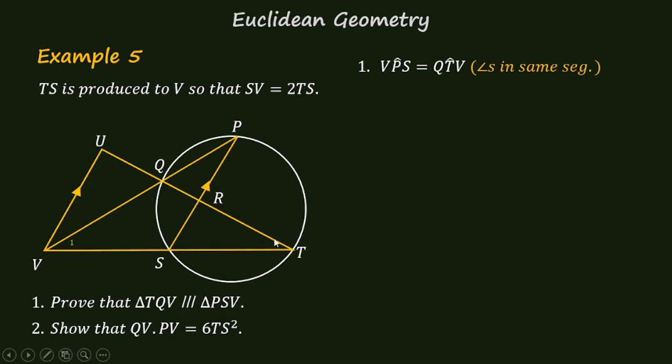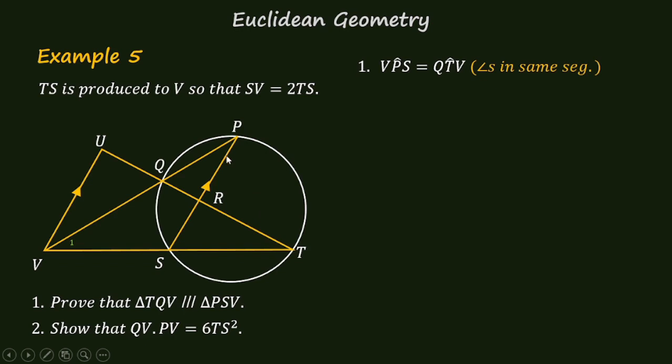So we have shown that this angle equals that angle in these two triangles. Remember, we are trying to prove that this triangle TQV is similar to this triangle PSV. So we have shown that this angle in triangle TQV is equal to that angle in triangle PSV.